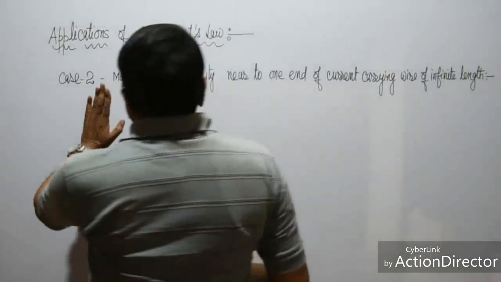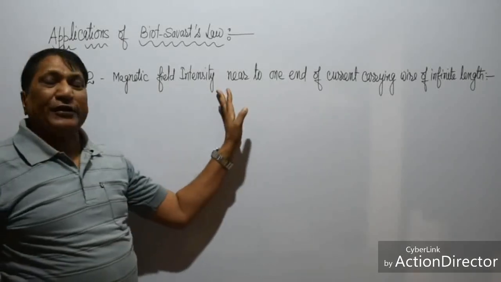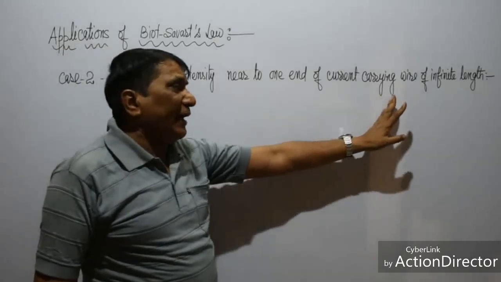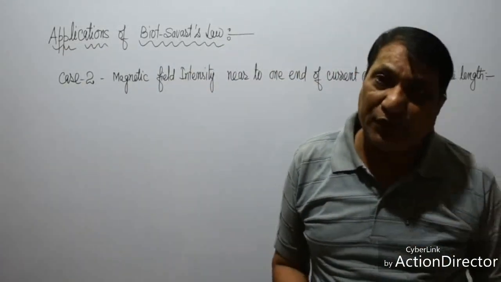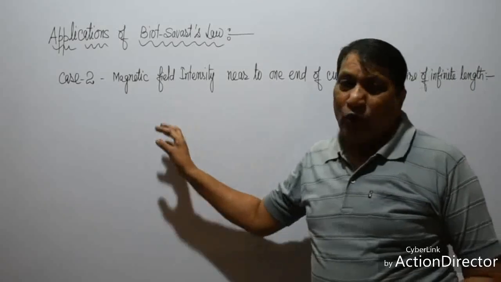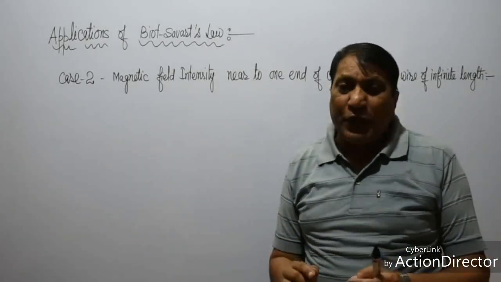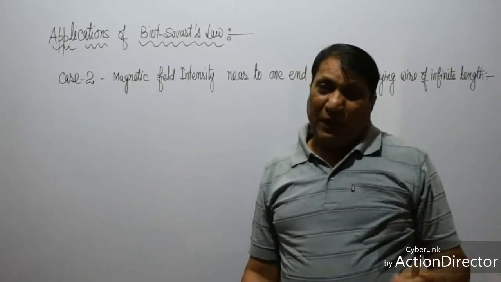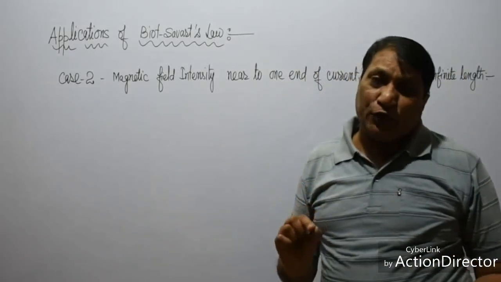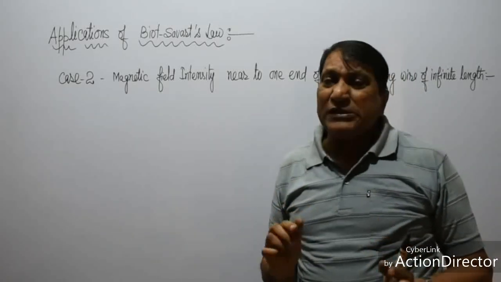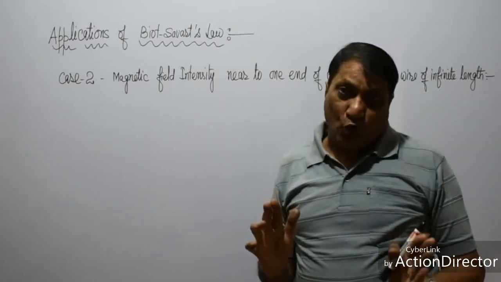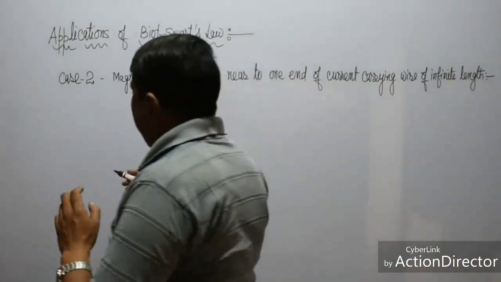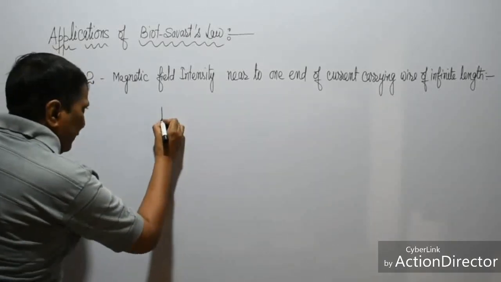Case 2 follows: magnetic field intensity near one end of a current carrying wire of finite length. Now we have to find the magnetic field intensity due to a current carrying wire of infinite length, but near to one of its ends. Means one of its ends is known, but the other end goes to infinity.